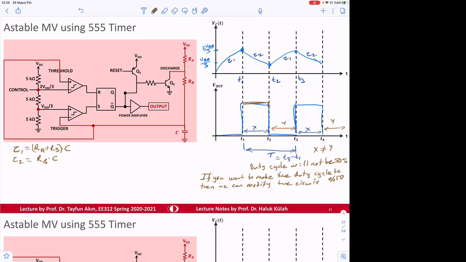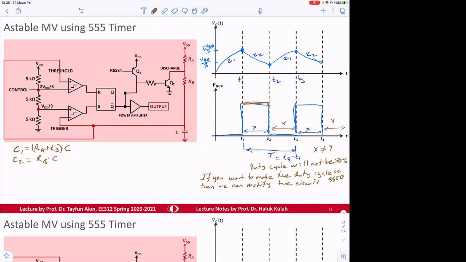While discharging, RB, or charging RC. We can do this.